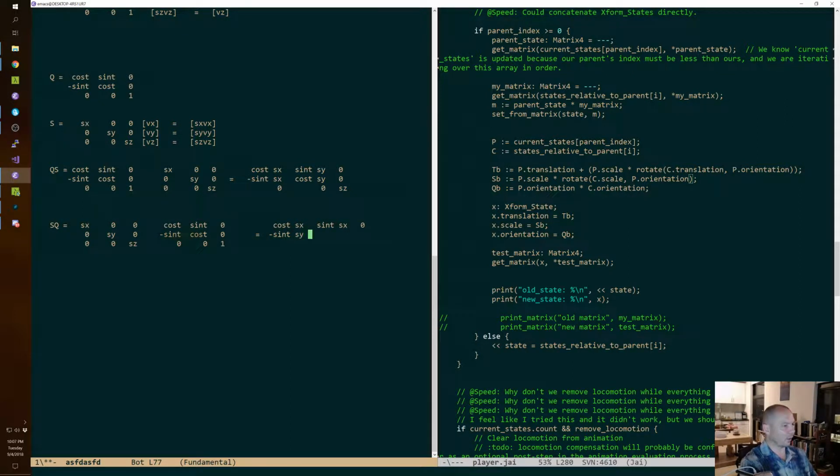Minus sine theta Sy, cosine theta Sy, 0, and 0, 0, Sz, right? So this is transposed. The Sx and the Sy are transposed here, right?